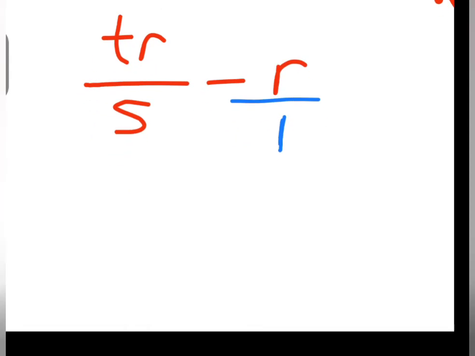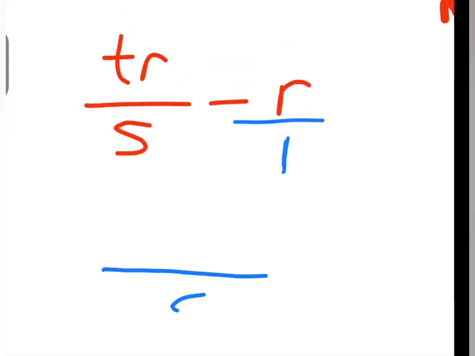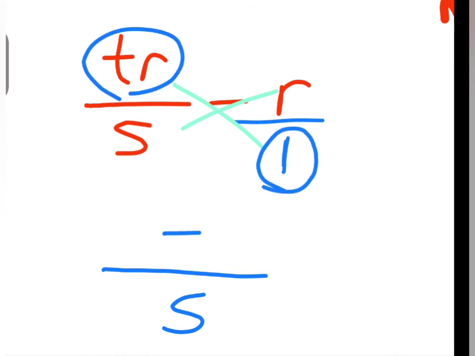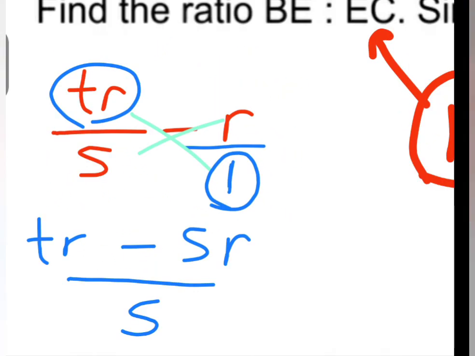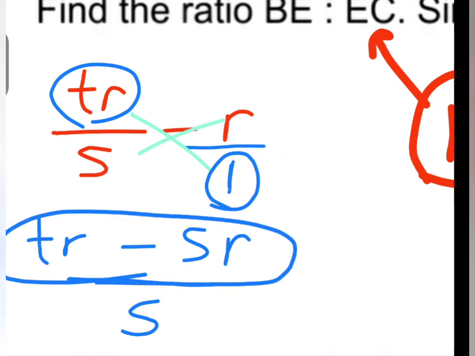Now, we put a denominator down, which is S. How do we find it? By multiplying this number by this S, or variable, so it's S. And then we do the X method like this, and we multiply, and we use the same sign, which is negative. So we multiply 1 by TR equals TR, and then S by R equals SR. And then after that, we have to factorize this and put them together.